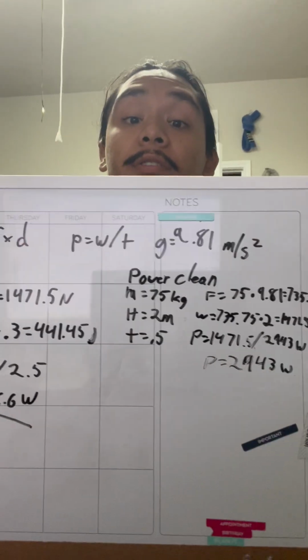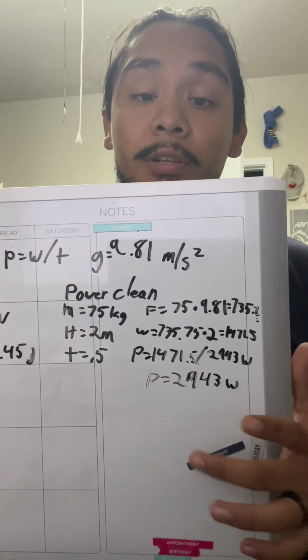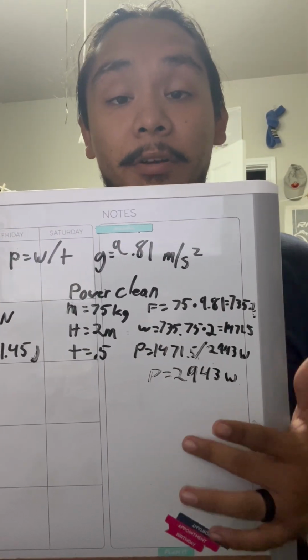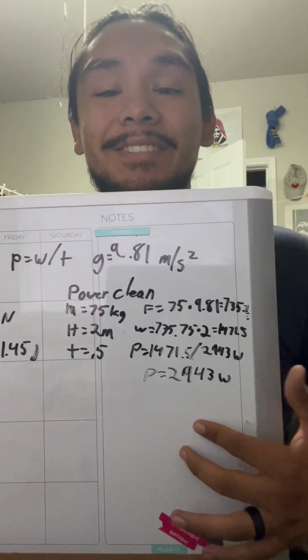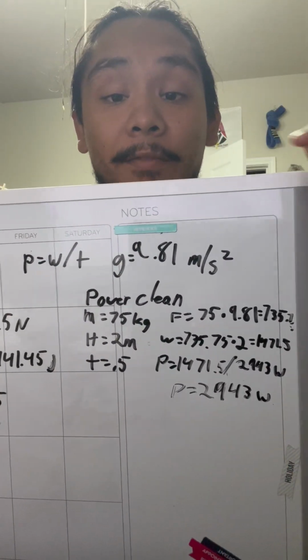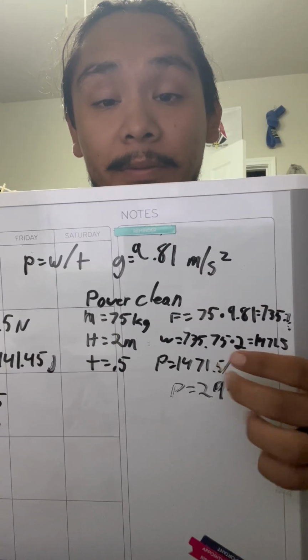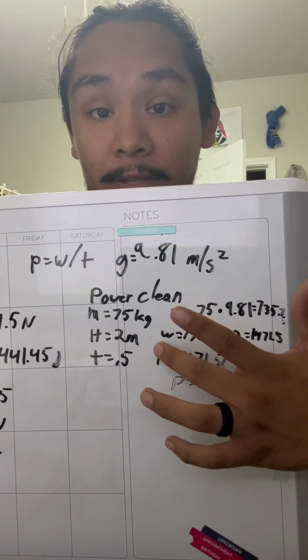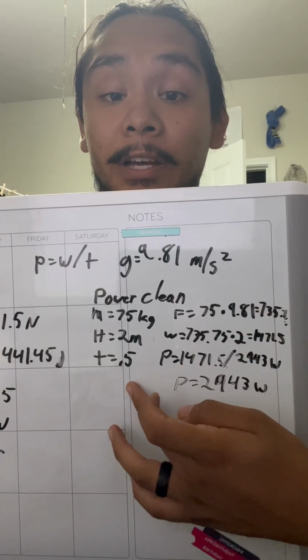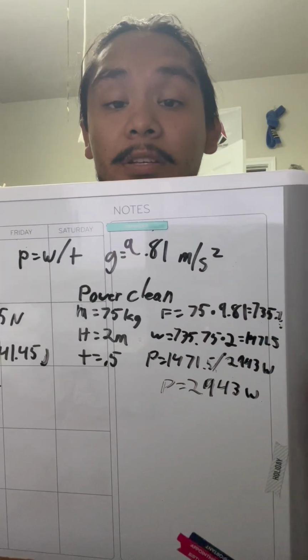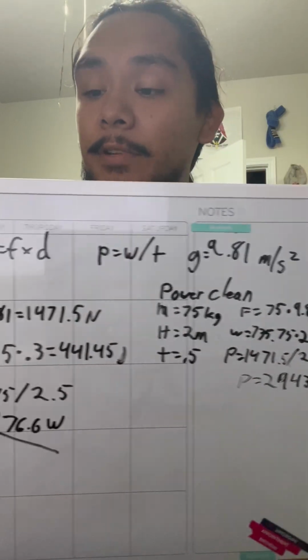Now we're going to do the exact same thing to calculate the power output for our second lift. We have a mass of 75 kilograms and 2 meters of distance traveled with a time of 0.5, a very fast person.